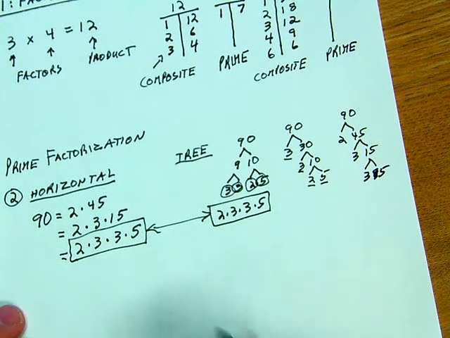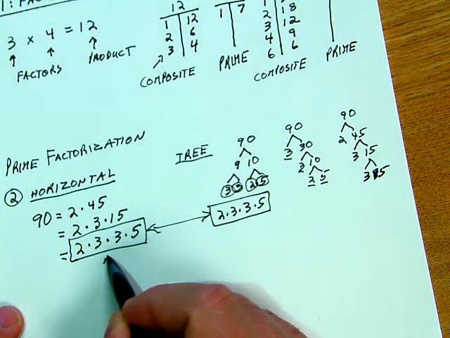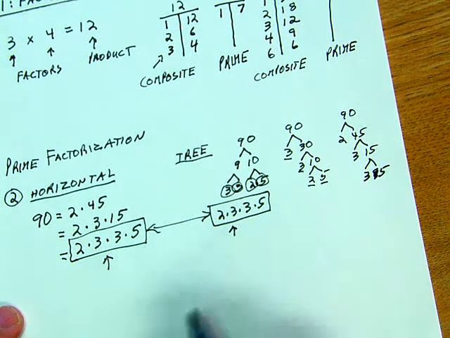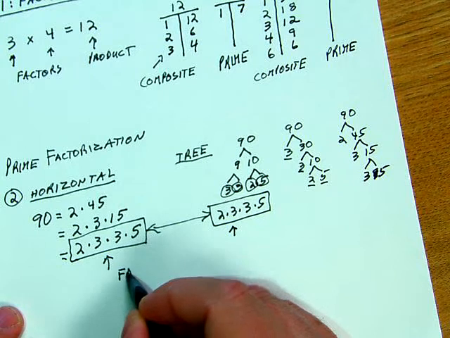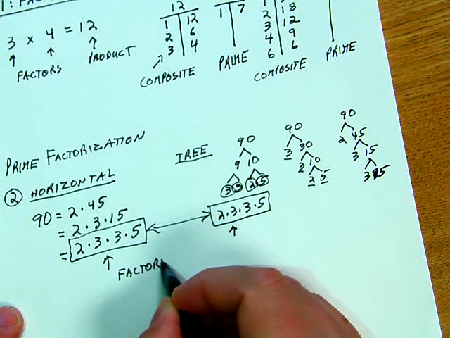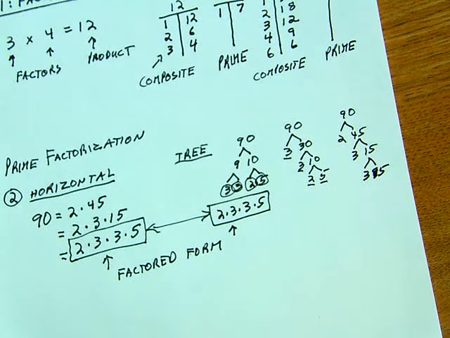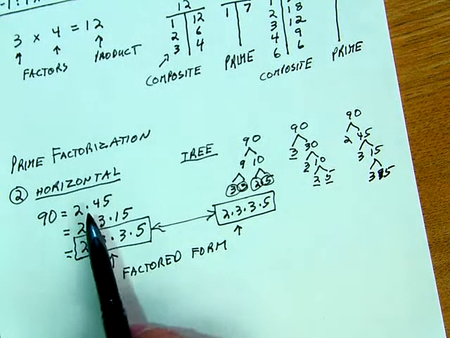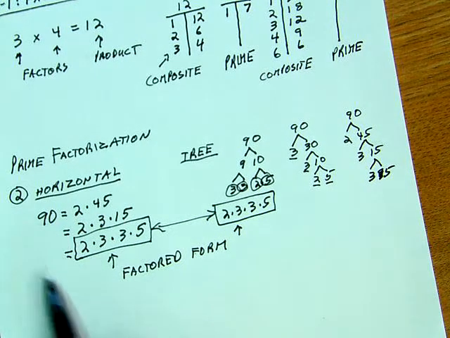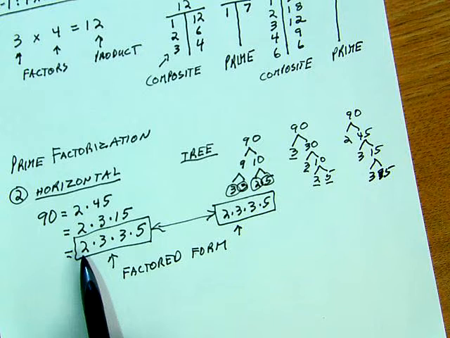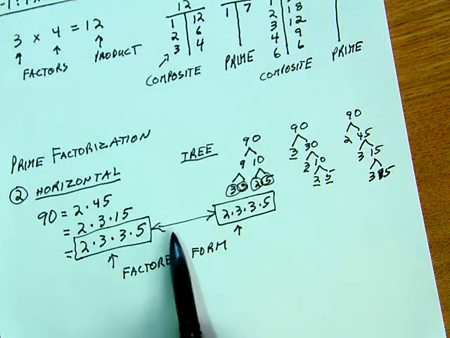Okay, what is this form right here? Either one of them, but it has a special name. It's called the factored form. So what that means is if you're asked to do prime factorization of the number 90 and give the answer in factored form, you're going to multiply all the way out.